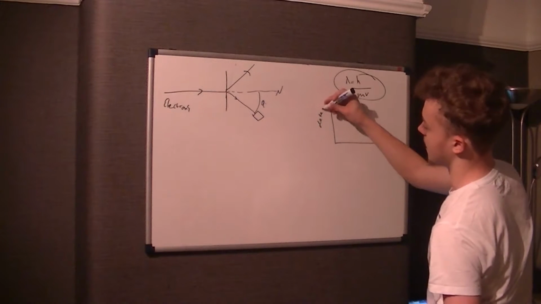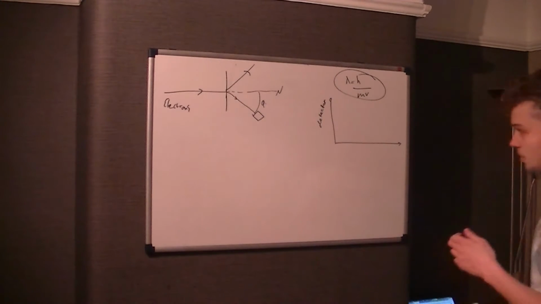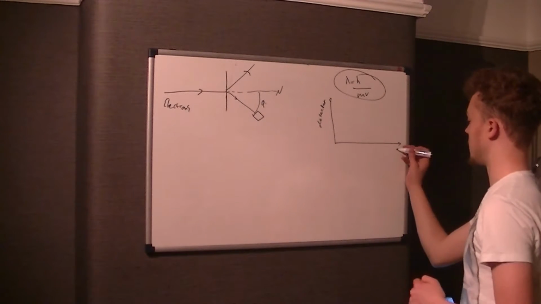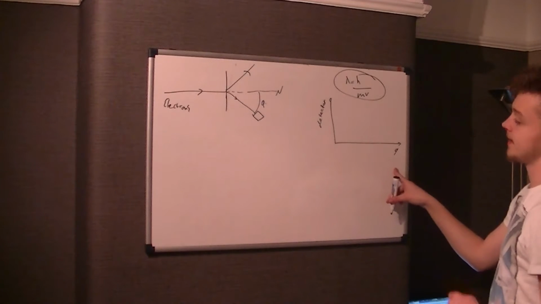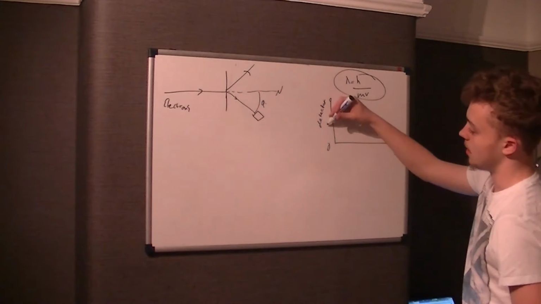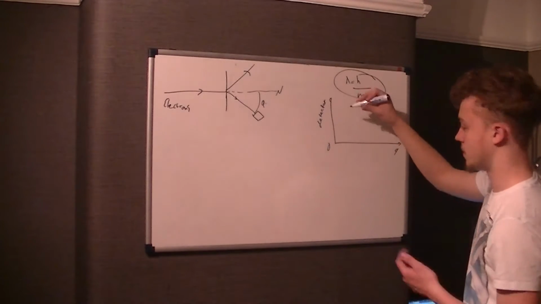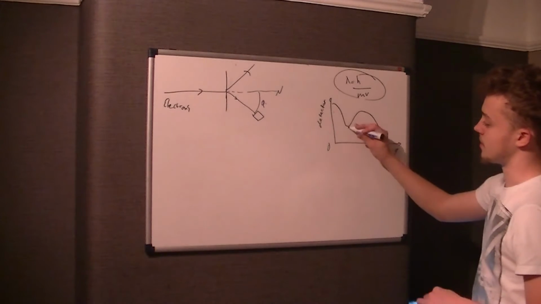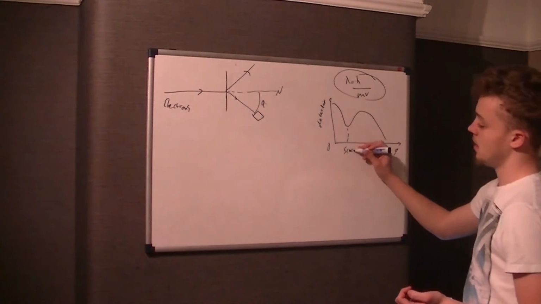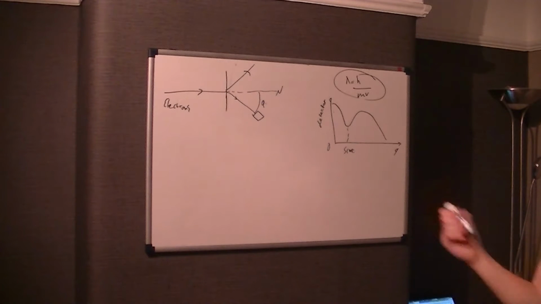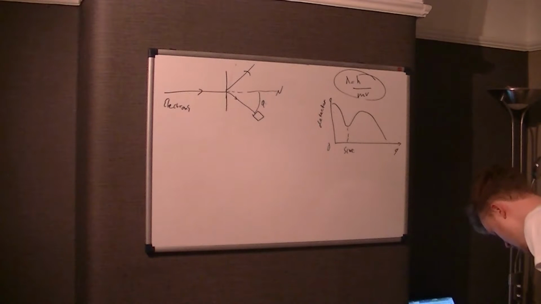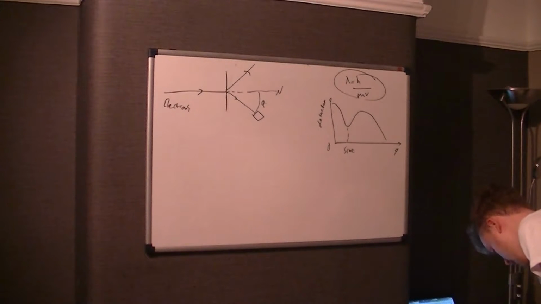If you were to move the detector through different angles, you would end up, say this is the angle, so we're looking at theta on the x-axis and the number of counts per second on the y-axis, and the graph would look something like this. That's because you would have like sine 90, which is 1, so it's sort of like the sine graph, you could almost imagine it like that. Okay, so that's pretty much the typical results that you would get.